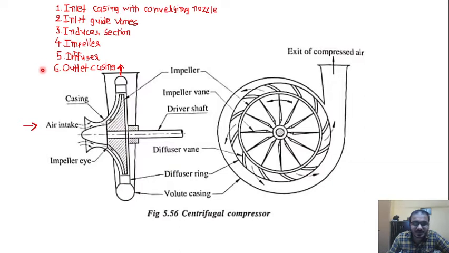And the sixth one is the outlet casing, which is the volute. As you can see over here, this is the diverging section, that is the volute, in which there is a further conversion of kinetic energy into pressure energy.